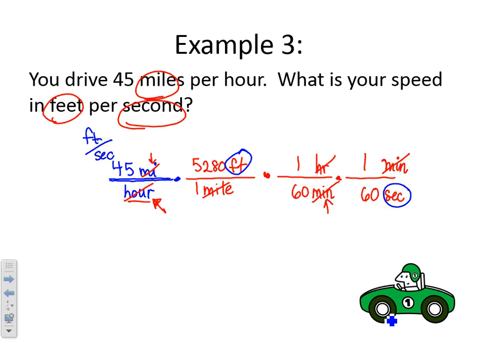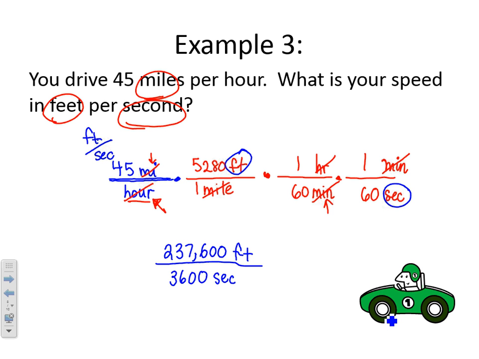Now to do this problem, you multiply everything across the top, you multiply everything across the bottom, and you divide. So 45 times 5,280 would give you 237,600 feet, divided by 60 times 60, which is 3,600 seconds.